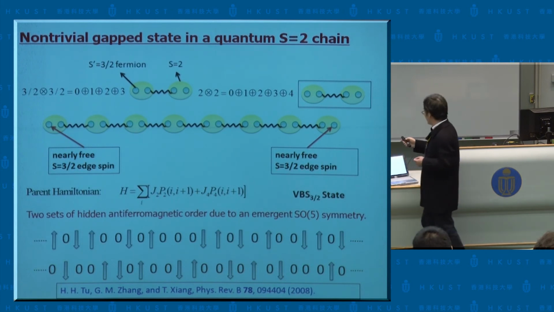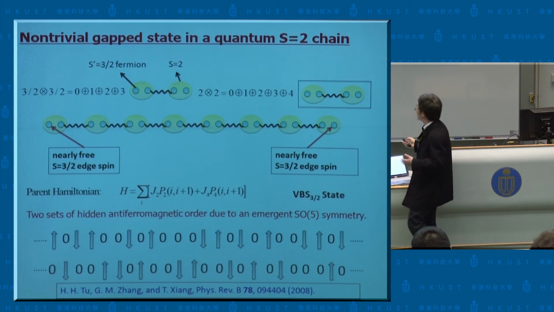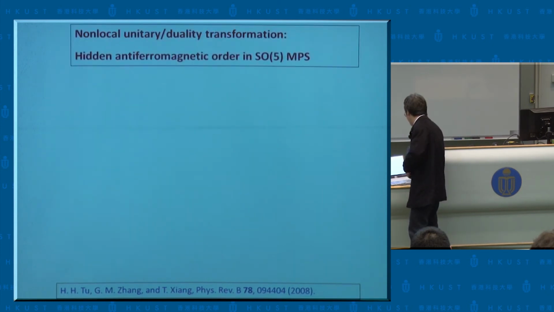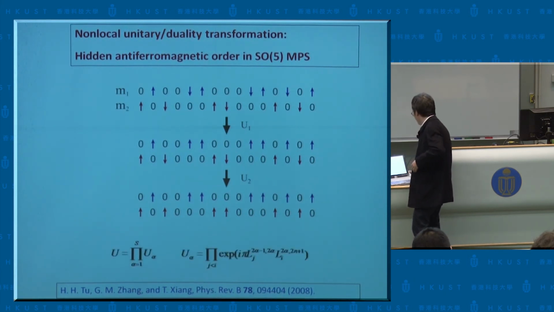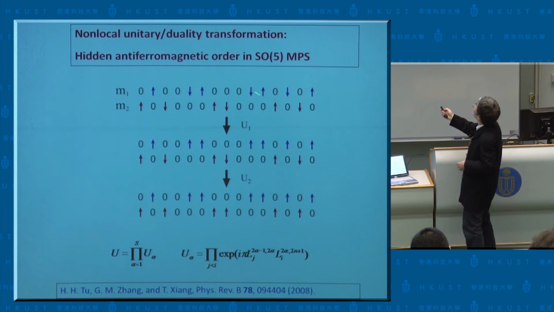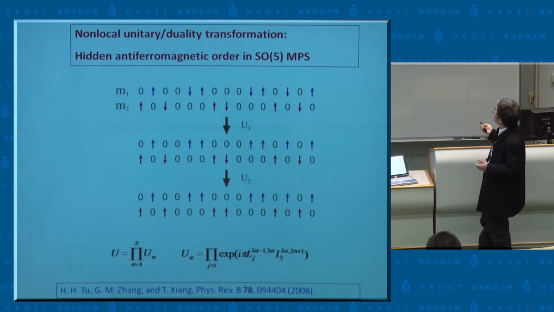So this SO5 emergent symmetry helps us to characterize the ground state. We can find a generalized non-local unitary transformation to transform these two sets of disordered states into diluted antiferromagnetic states.